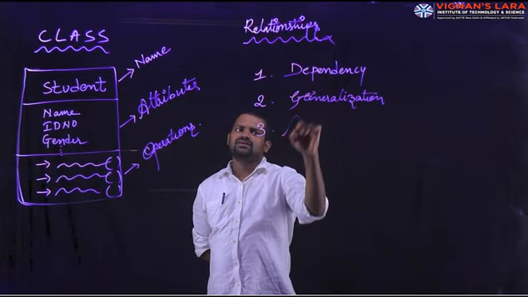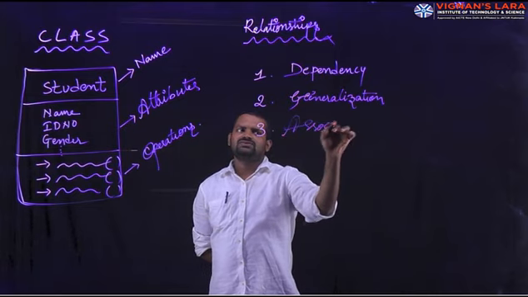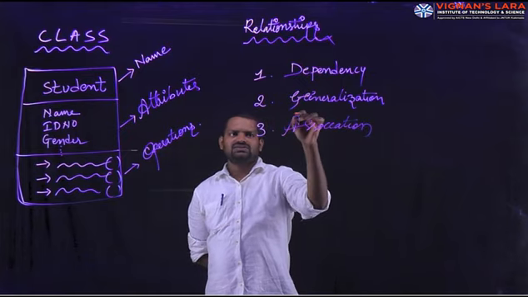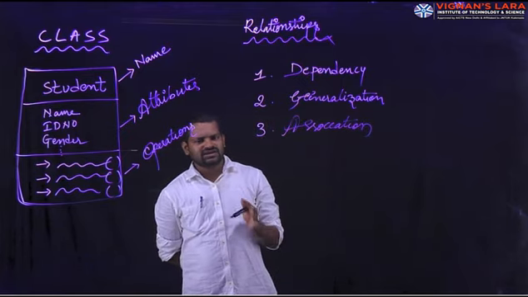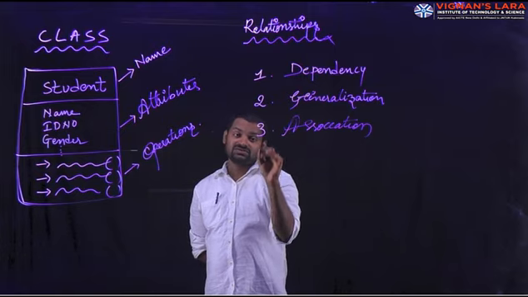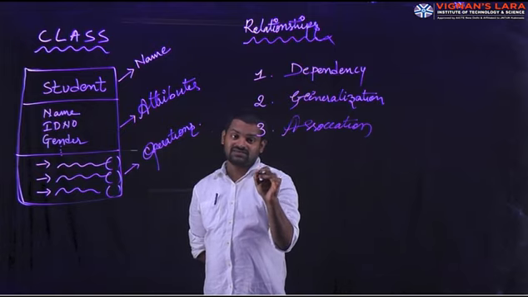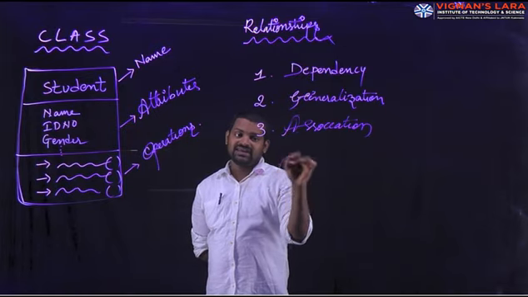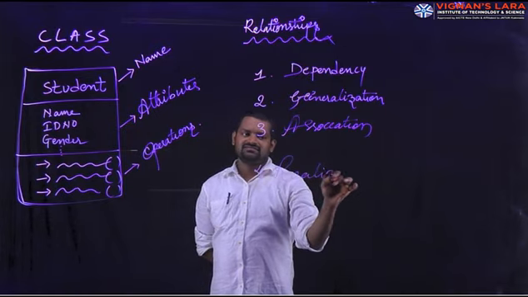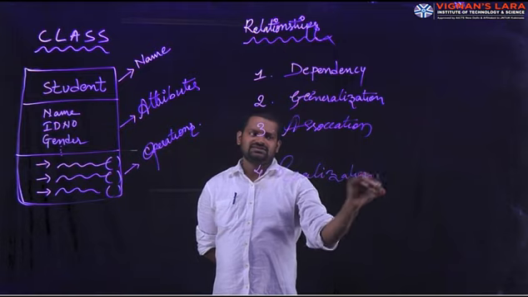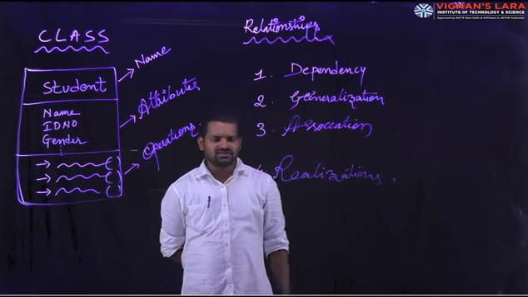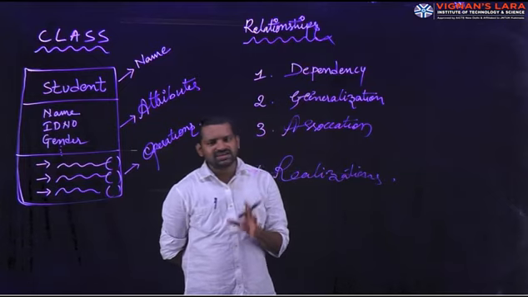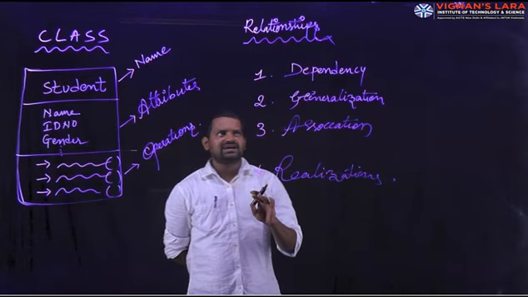Third one is the association relationship. Three kinds. Another relationship is also there, that is the fourth kind of relationship: realization. Now here we are not using realization, but we must use three relationships in a class diagram.